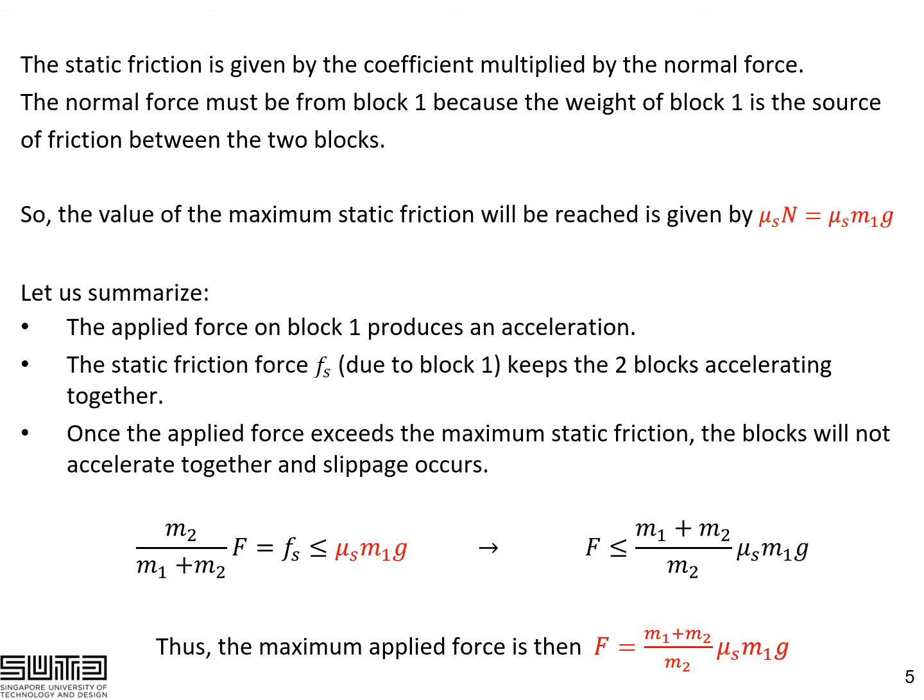And using the relations we obtained in the previous slide, the frictional force F of s is M2 divided by M1 plus M2 times the applied force capital F. We now want to find the applied force, since we now have the expression for the frictional force, and it is given as M1 plus M2 divided by M2 times the coefficient of static friction, μs, times the weight of block 1.